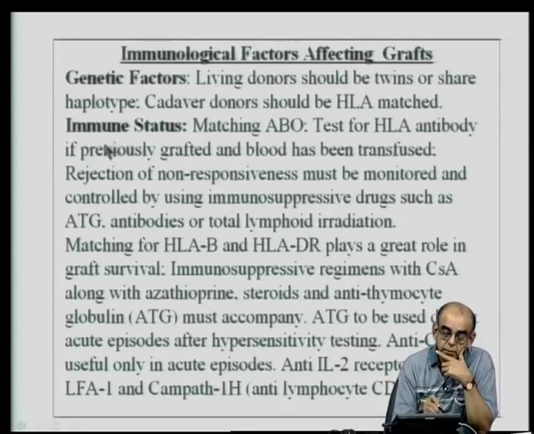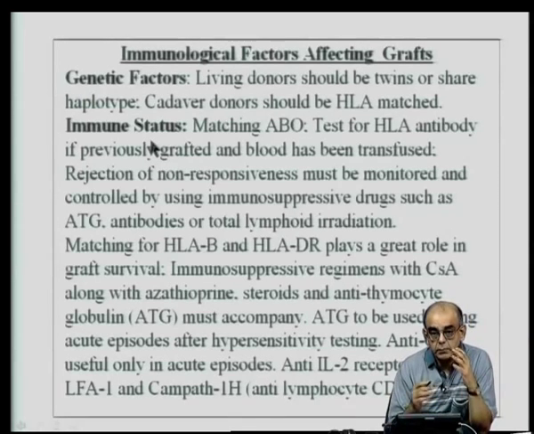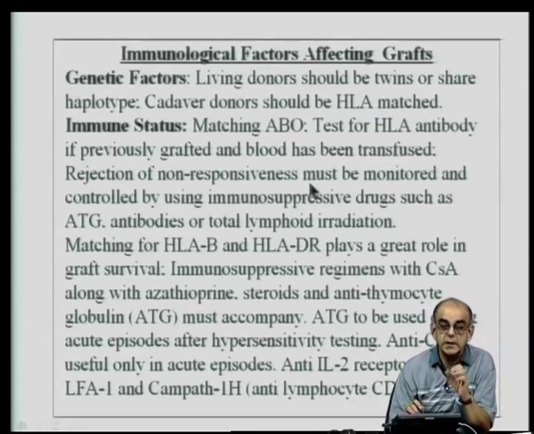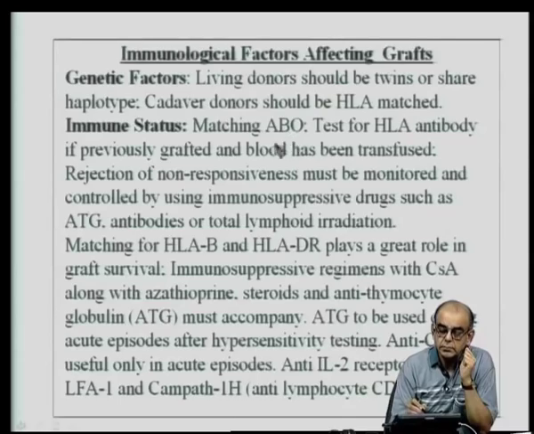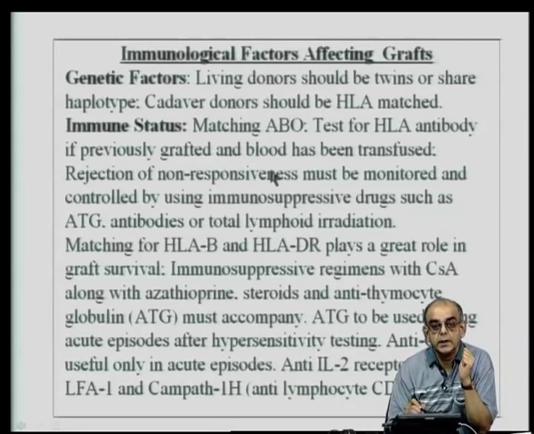So, what is the immune status of what one does during this whole procedure? In addition to testing for the tissue type, or trying to test what type of HLA molecules are there between these two organs, or the cadaver and the recipient, you also have to type for the ABO blood groups. We will come to that in a little while.